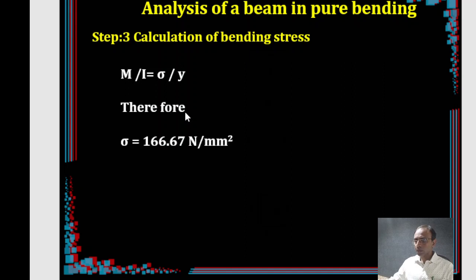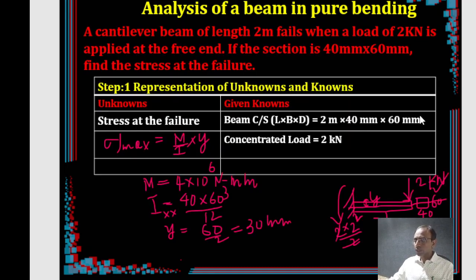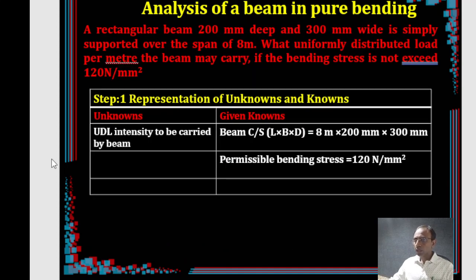That's the solution part. So sigma is M by I times y. This is the final solution. As I said earlier, if you are thorough with the complete information given, the solution is straight in front of you. In one step you get the solution, right?